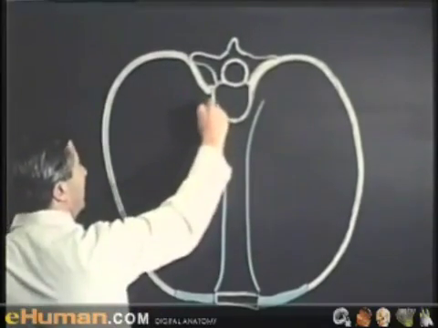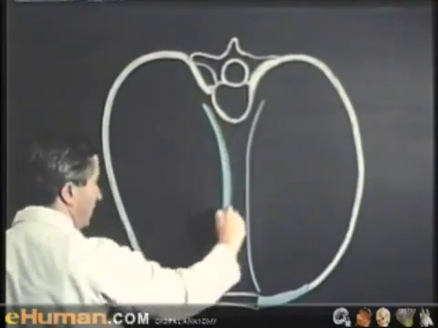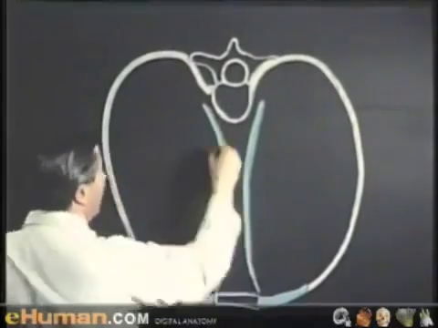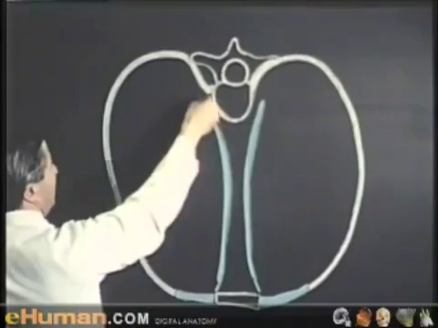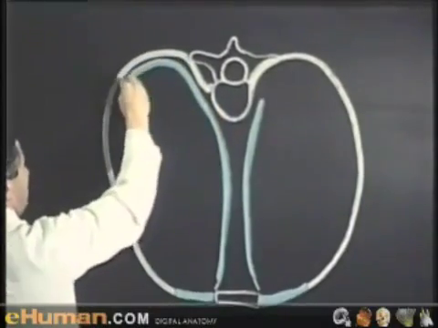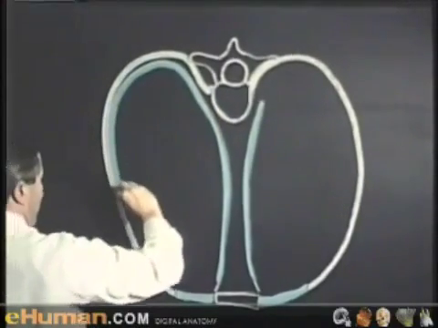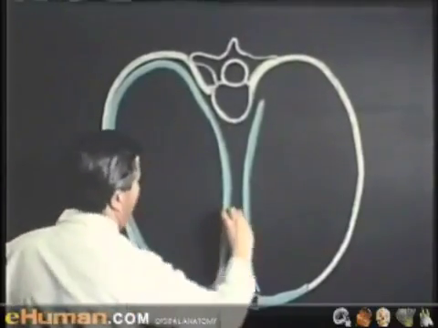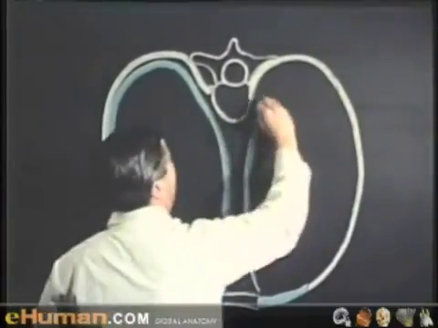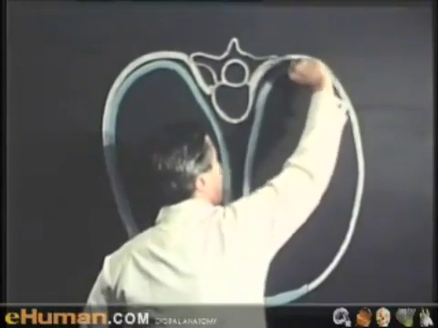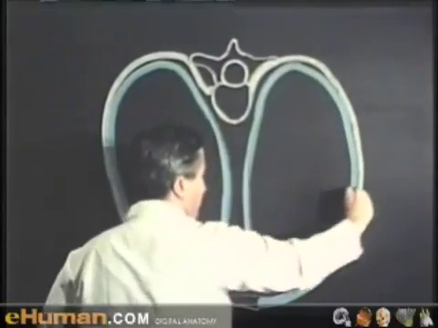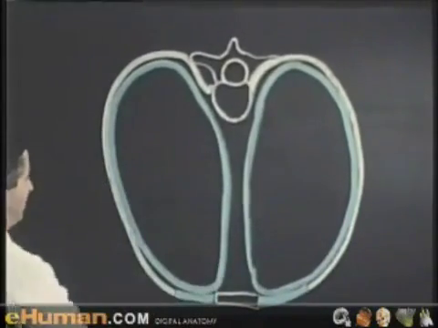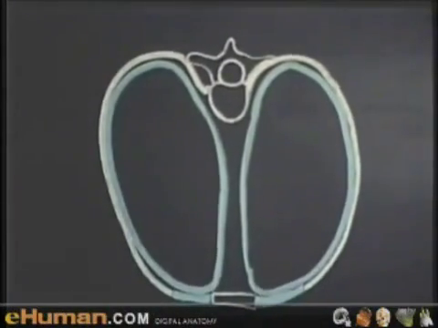Now if we follow this lining, which is referred to as the parietal pleura, around on the inside of the chest wall, we see that it lines the ribs and the intercostal spaces and comes around in that manner, and the same thing on the other side, so that we have now the chest wall lined with what we refer to as parietal pleura.